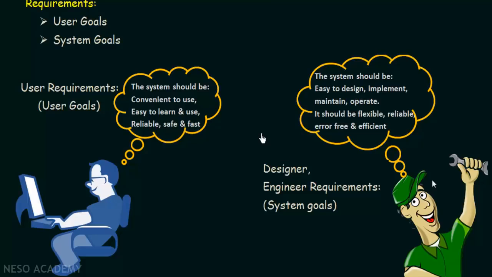Now if we look at this, these are very general or vague terms. We actually don't have any particular formula or principle that we can follow in order to achieve all these requirements. There are no particular rules or set of instructions that we need to follow in order to make the system easy to learn and use, or convenient to use, or easy to design.